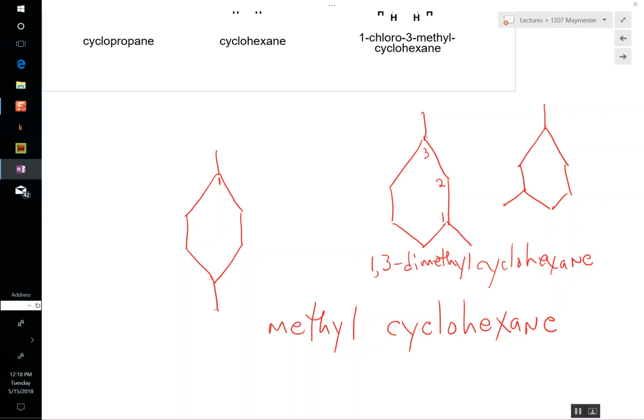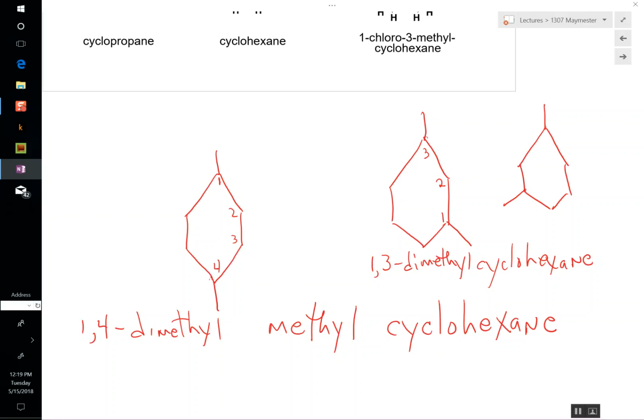What is that? 1,4. That's 1,4-dimethyl. 1, 2, 3, 4. Dimethyl cyclohexane.